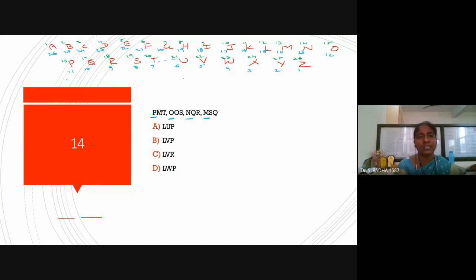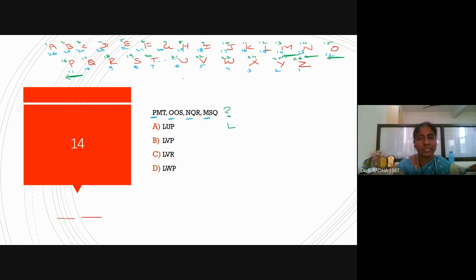P, then O, then comes N, M. It is going in the backward direction. So for the question mark, what is the next letter? It should be L. Backward direction means it should be L.